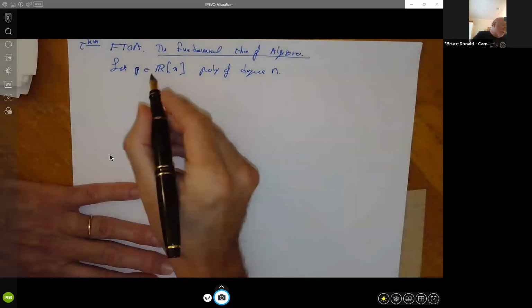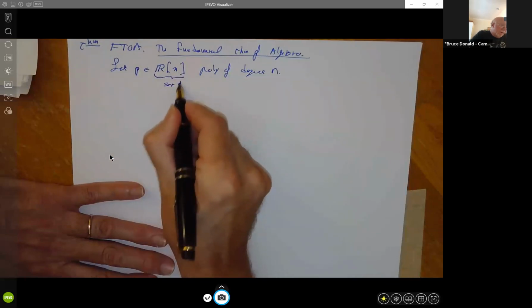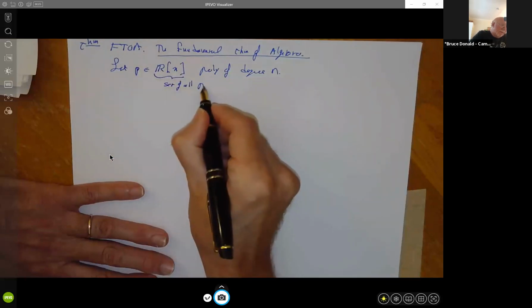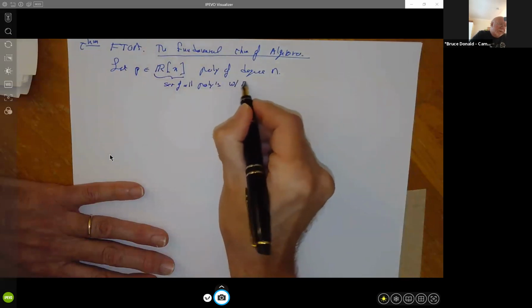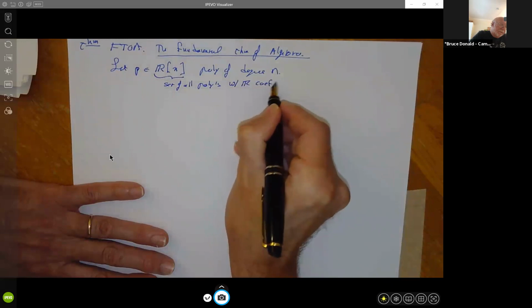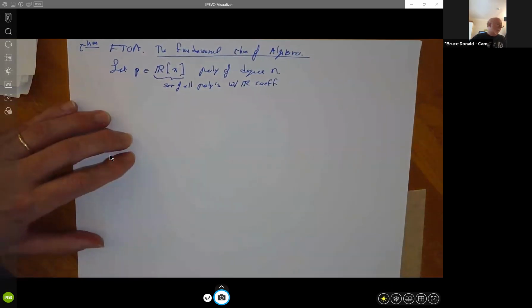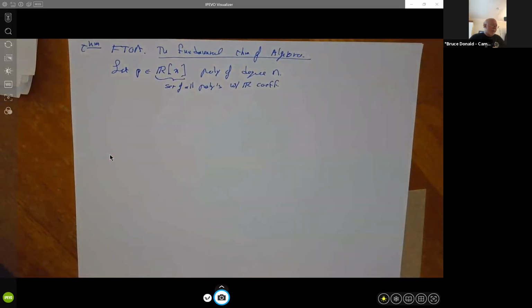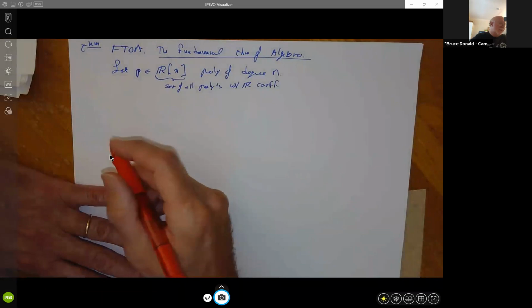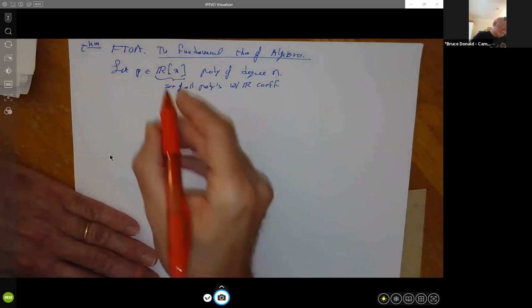What is this weird notation here? This is the set of all polynomials with real coefficients. And actually, there's structure to this set that we won't use in this class. When you have a polynomial and another polynomial, you can add them, subtract them, and multiply them. You usually can't divide them.